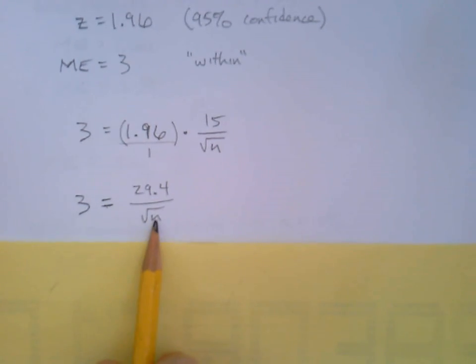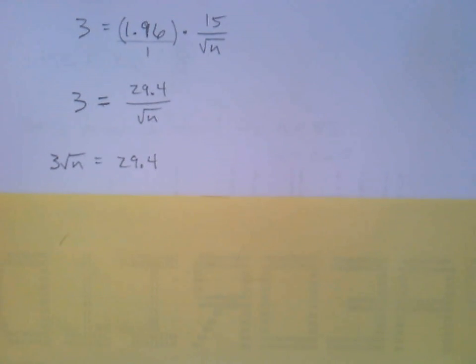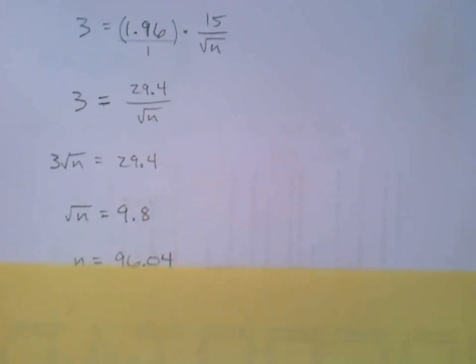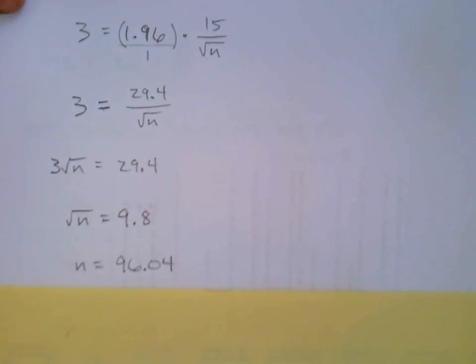Then I'm going to multiply the square root of n over to the left. Then let's divide by 3. And it's looking a lot better. Finally, to cancel out the square root, let's square both sides. And here we get n equals 96.04.